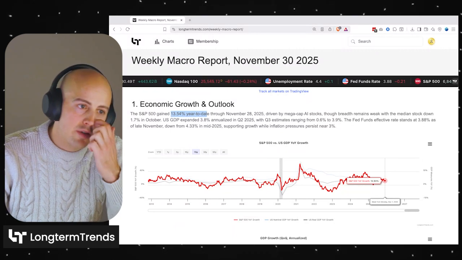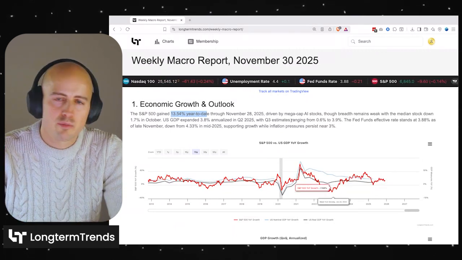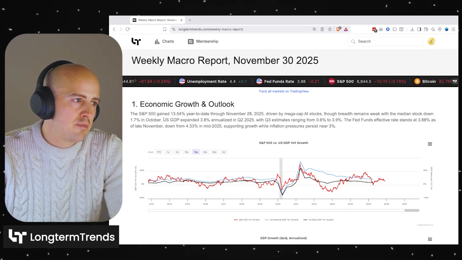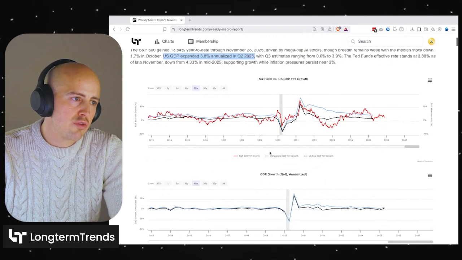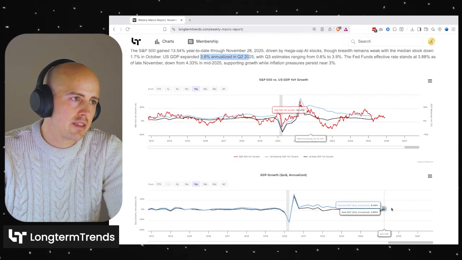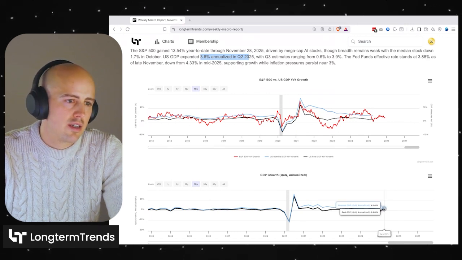Year-over-year it's 12.93, year to date it's 13.54, so that's accurate. What it's driven by, it's talking about GDP growth in Q2, which was 3.8% annualized. So that's this number that you see here, 3.8%.